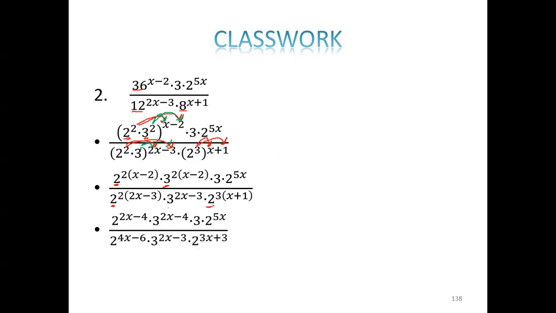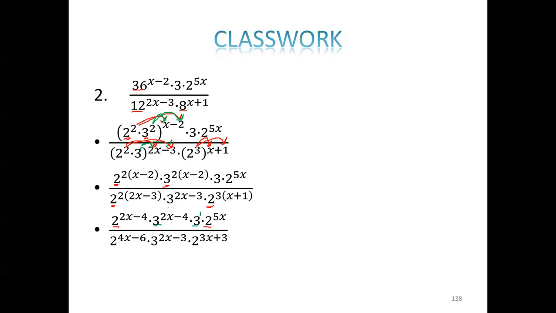Now note that I have a base of 2 in the numerator. With a base of 2, I will add the exponents when I multiply them. Similarly, in the numerator, I have a base of 3 as well as the base of 3 that multiplied. Therefore, I will represent them as a single base and just add the exponent. This 3 has an exponent of 1. So when I add the exponents of 3, I'll have 2x minus 4 plus 1.